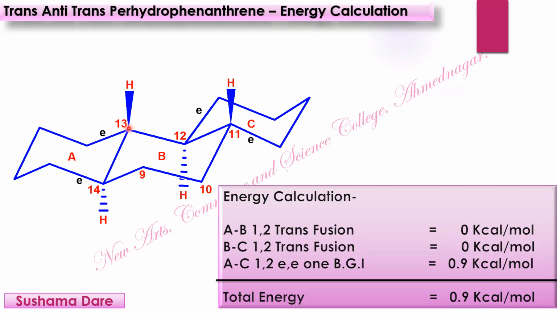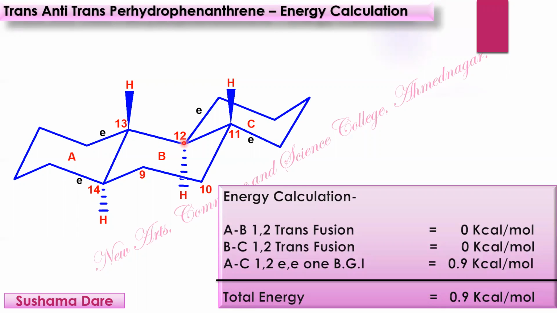But in this relation, look at the 1-2 equatorial bond, they are causing the interaction. So as 1-2 EE, for that we have to add one butane-gauche interaction, and one butane-gauche interaction is 0.9 kilocalorie per mole. But if I go with the 1-3 relation, number 14 and number 12, both the bonds are equatorial.